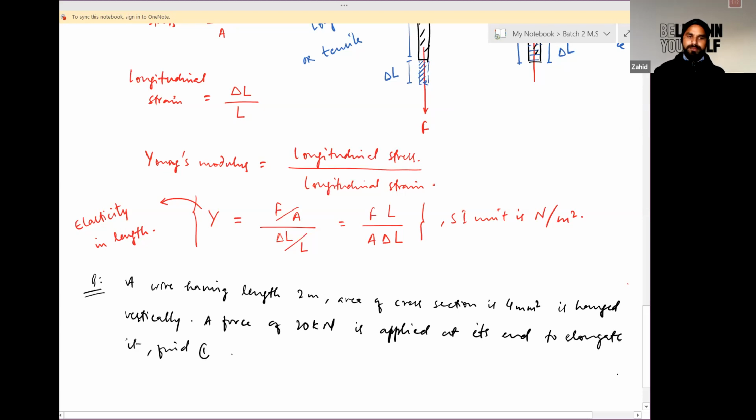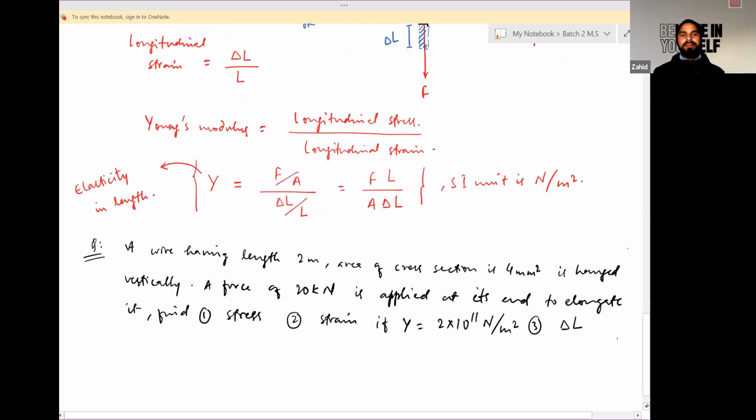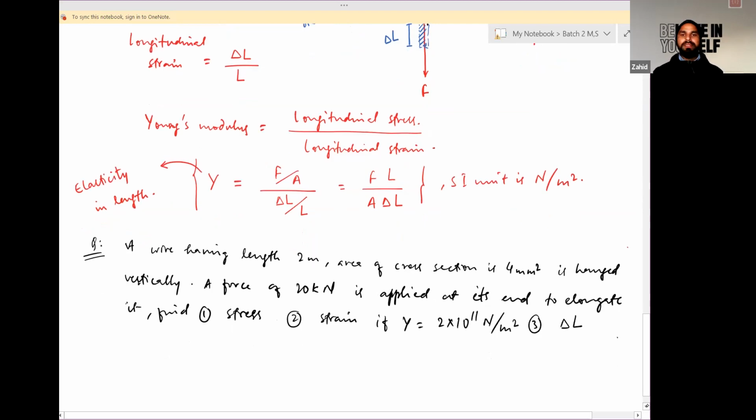Find first, the amount of stress applied; second, the amount of strain produced if Young's modulus equals 2 into 10 to the power 11 Newton per meter square; and third, the delta L produced. Just use the above formula and try to simplify it.